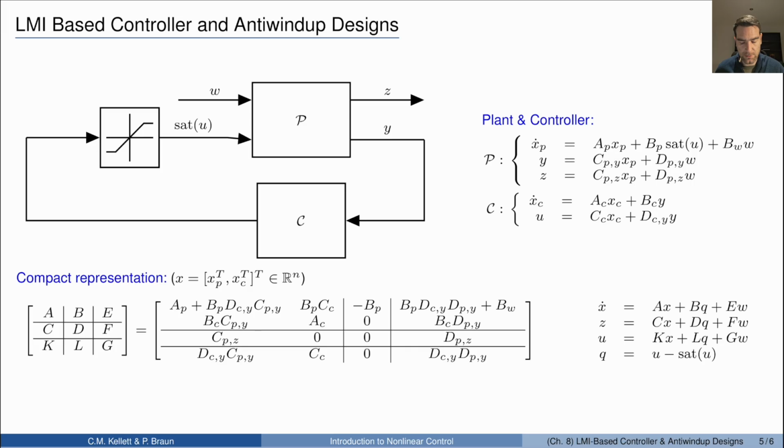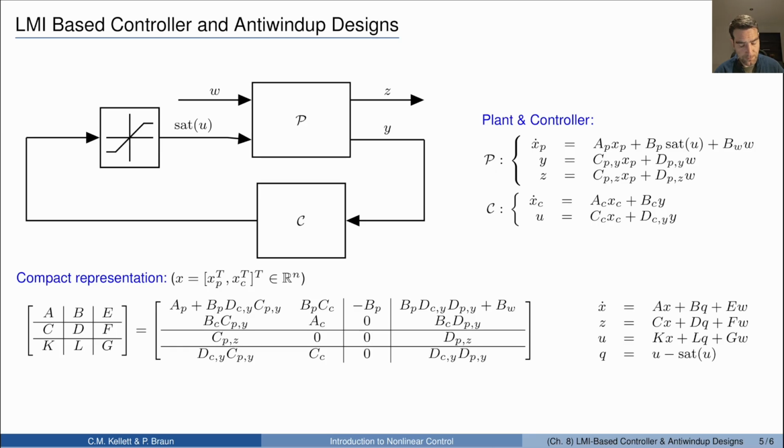Here is a more general system consisting of a plant. The plant represents a linear dynamical system with an internal state xp, but also having this output of interest Z and this disturbance W. We can design an output feedback controller, using the output Y in a controller with its own dynamics.